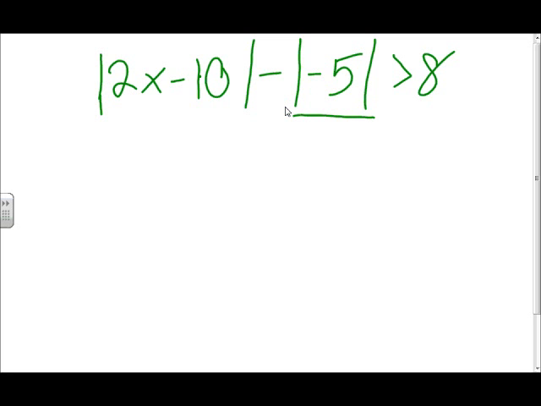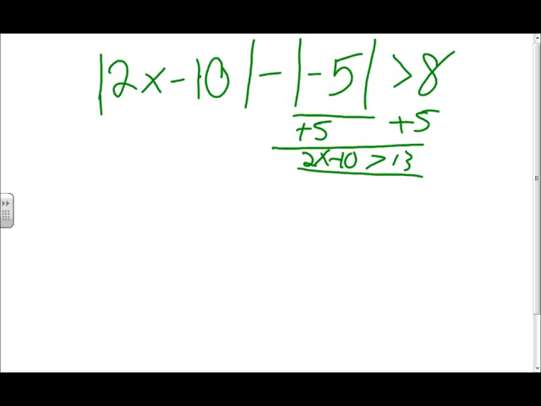It's negative 5 because of the minus here, so you would have to add 5 to both sides. That gets you 13 greater than the absolute value of 2x minus 10. That is the overall inequality you'll use to make the two cases.